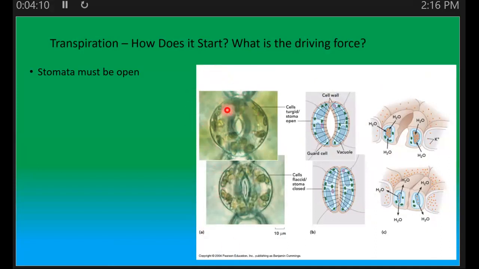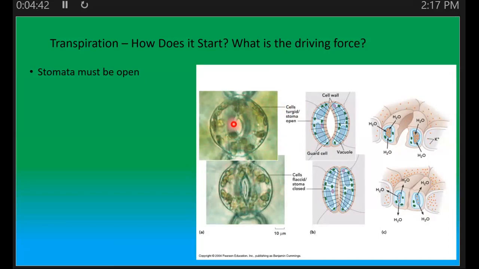Figure A here is the top two guard cells with the pore in the middle. You can see how the pore is more open there. And then in the lower picture with the guard cells, you can see that the pore is pretty well closed down. If you have the stomata open, like the top image, what happened was that you had water rushing into those guard cells, and that causes the guard cells to move away from each other due to that turgor pressure pushing against the cell membrane and cell wall of those guard cells.